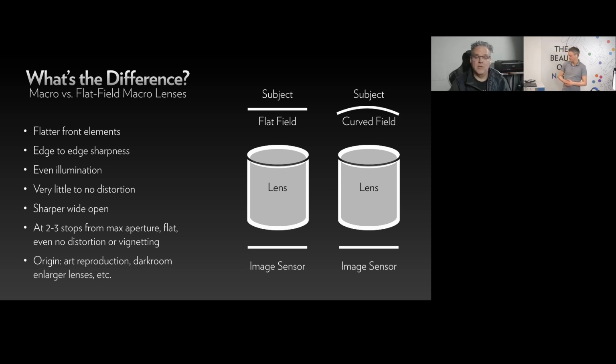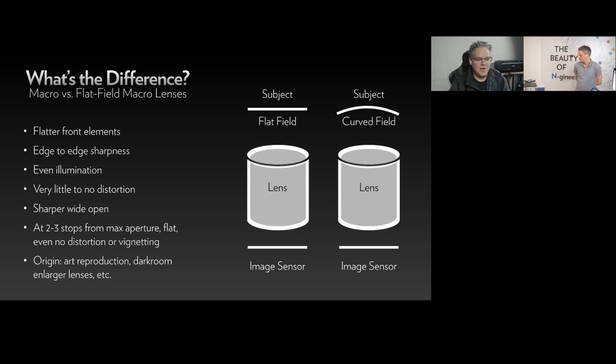It has even illumination in that it doesn't have a lot of fall off or no fall off from center to corner. It also has very little to no distortion, so there's less stretching of your subject. And when you shoot it wide open, meaning at the fastest aperture, it's sharper edge to edge.